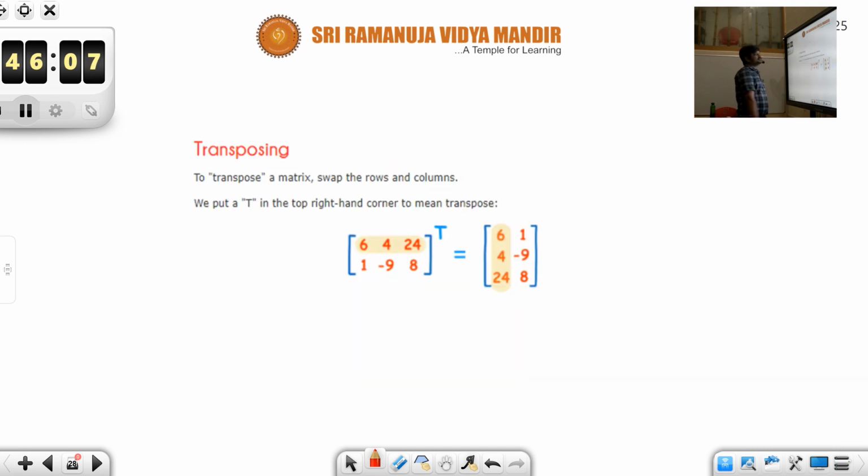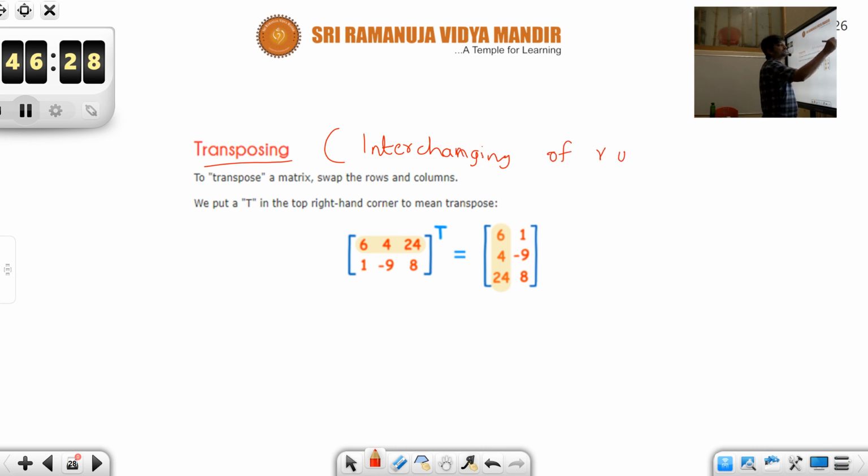And then another important concept: to transpose a matrix. There is a concept of transposing, and a synonymous word for this is interchanging. Transposing or interchanging of what? Interchanging of rows and columns.